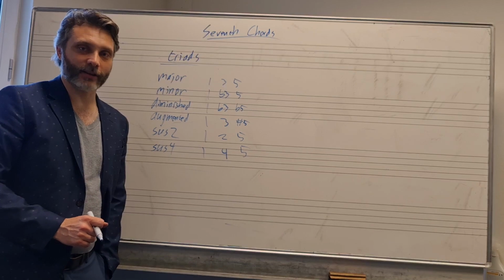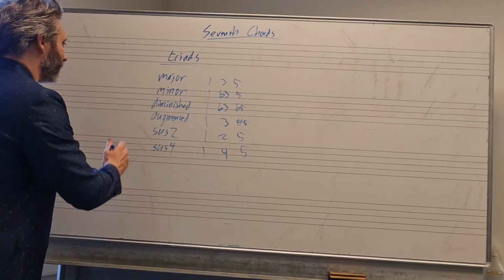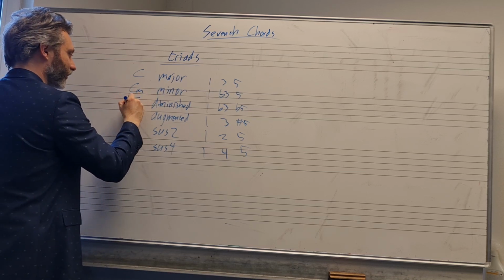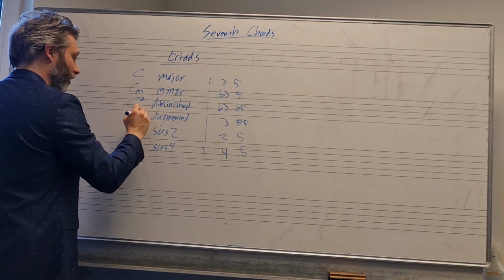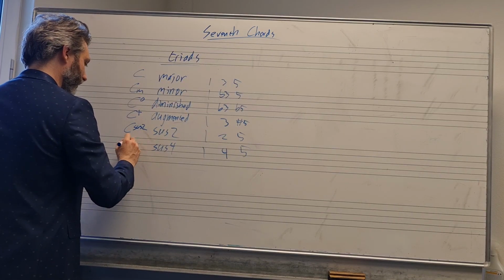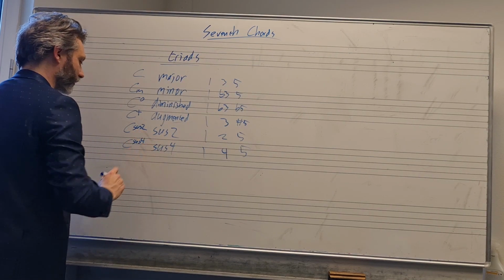These are pretty much all the triads we've got. So that would be, for example, C, C minor, just so you've got the symbols, C diminished, C augmented, we use a plus for that one, C sus2, and C sus4. Okay.